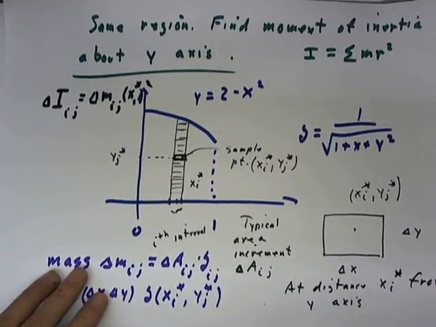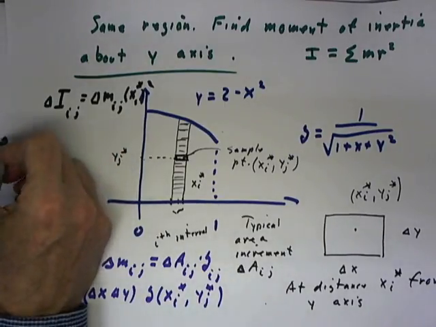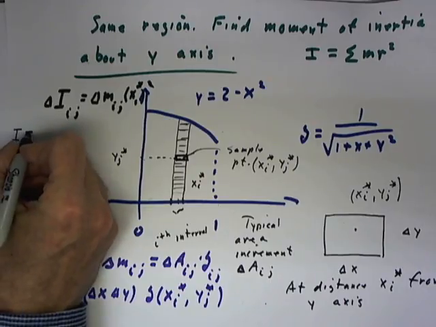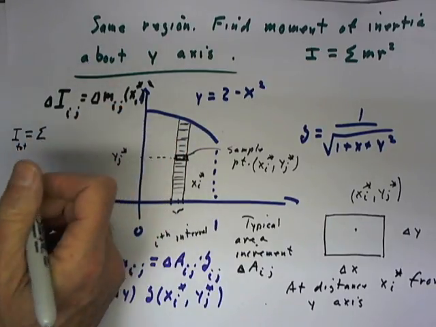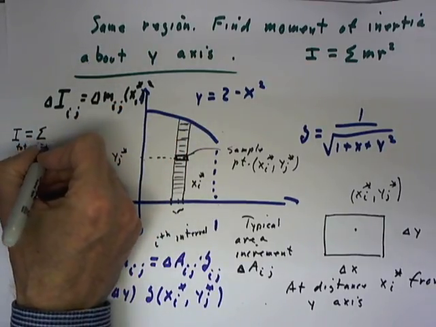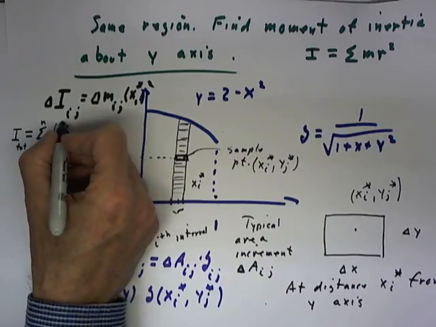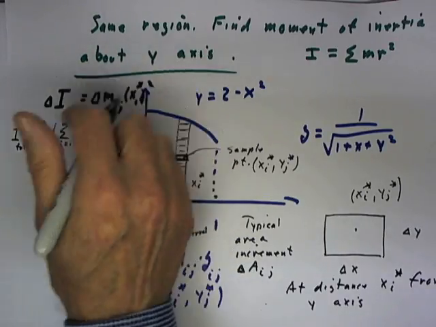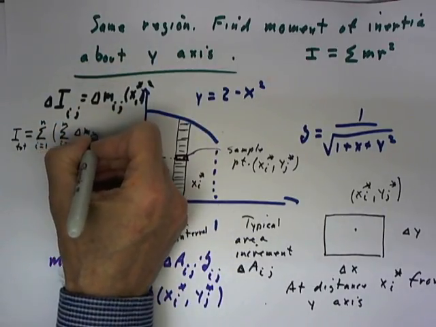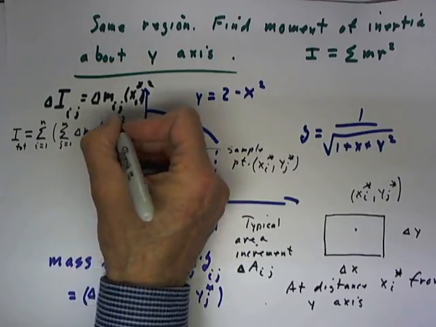Going to have to move this paper over a little further to have room to write here. So that our total moment of inertia, which I can write as I total, is the sum from i equals 1 to n of the sum from j equals 1 to m of our delta m ij times xi star squared.